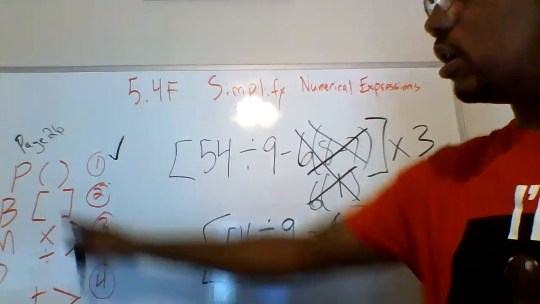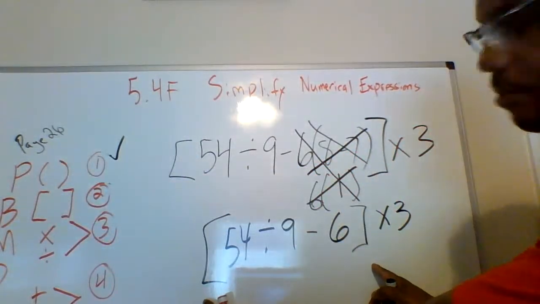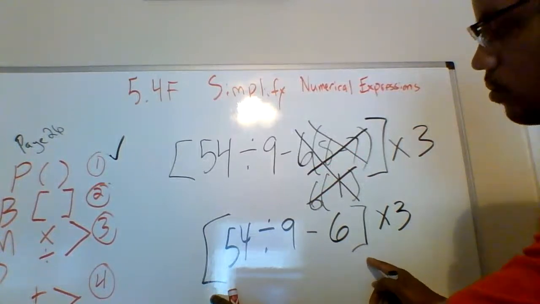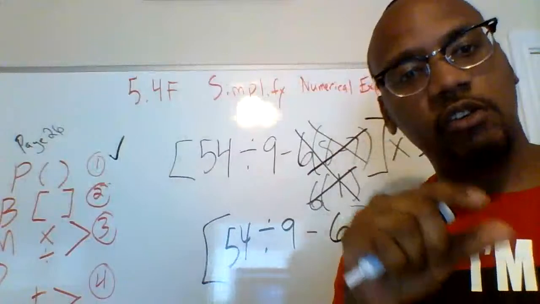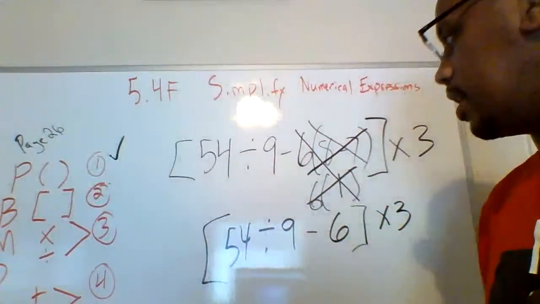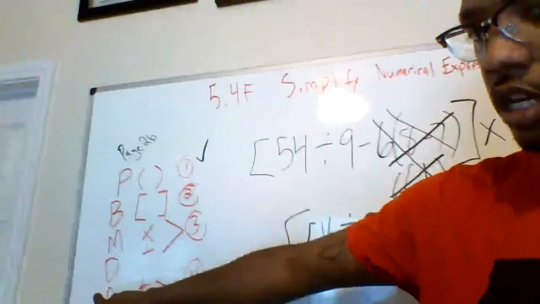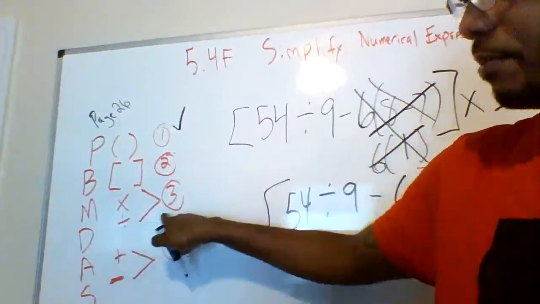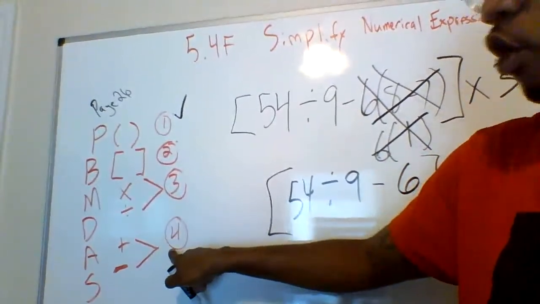Step 2, solve the brackets. Well, you got all of this inside the bracket. Again, even inside the bracket, you still have to go in order. So division is going to come before subtraction because division is step 3 and subtraction is step 4.